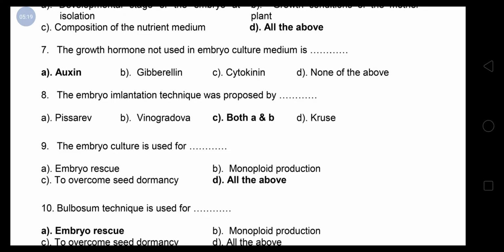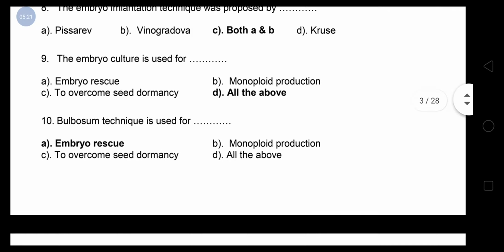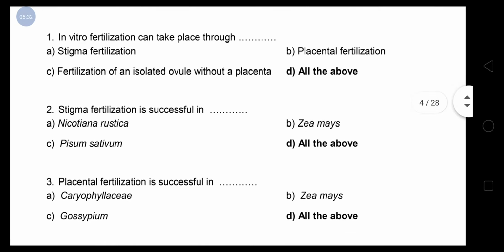Embryo culture is used for embryo rescue, monoploid production, and to overcome seed dormancy. The bulbosum technique is used for monoploid production. In vitro fertilization can take place through stigma fertilization, placental fertilization, and fertilization of an isolated ovule without a placenta.